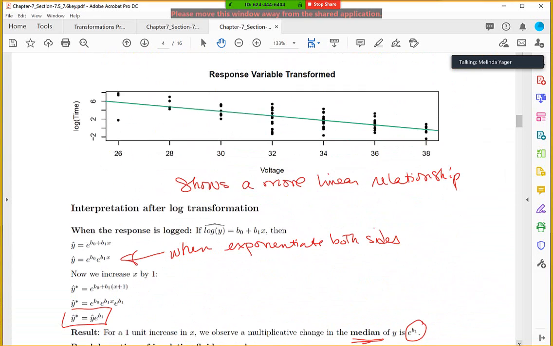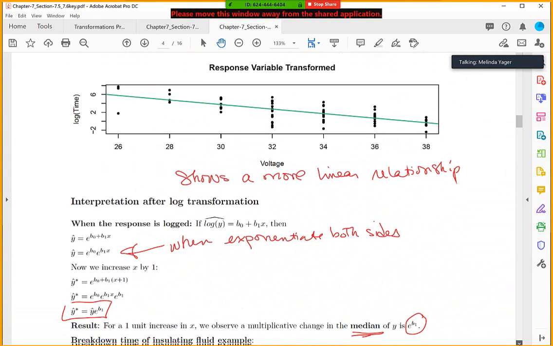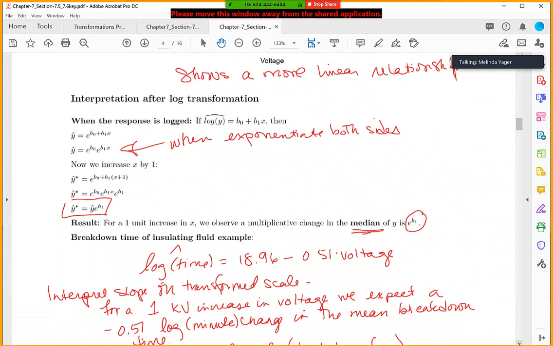Probably one of the hardest things to think about is the interpretations. One important thing to note is you really don't need to understand the math here. This is basically looking at how we would interpret our slope. We'll talk about both on the transform scale and then on the original scale.